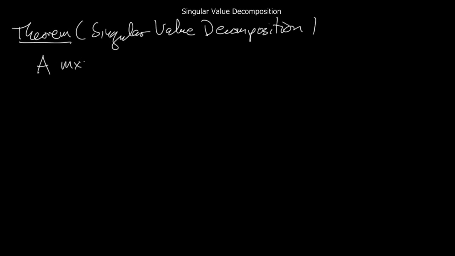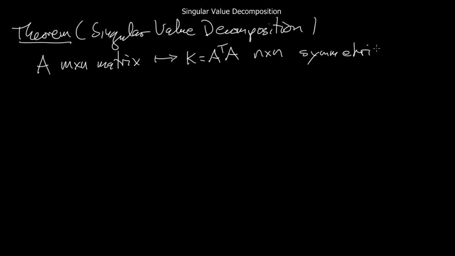We have A, an m by n real matrix, any m by n real matrix. Attached to it is this matrix K. It's A transpose A, which is an n by n symmetric matrix. It's positive semi-definite. This is all automatic.